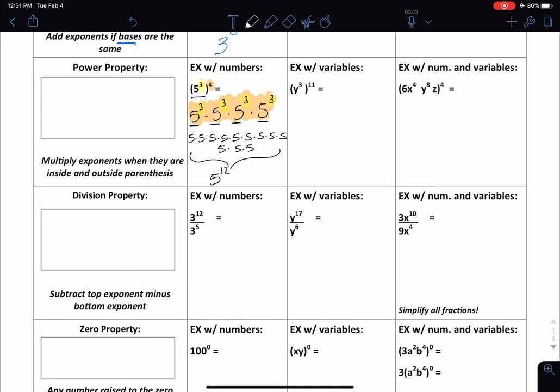I had a 3 and a 4. The shortcut, instead of having to expand all these 5s, would be to multiply the 3 times the 4, which is 12. So my exponent would be 12. So our power property means that we multiply the exponents.